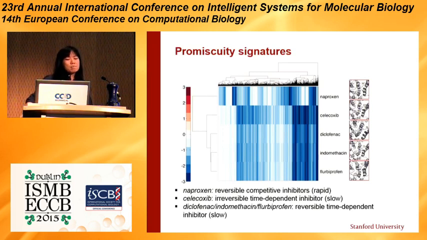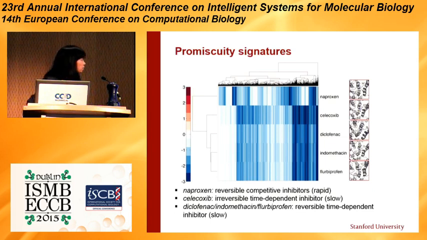But if we compare the binding site against the 2,000 human proteins, they actually generate a different promiscuity signature. And this signature also suggests the drug classification. For example, naproxen is a rapid inhibitor, which is the first row, and then celecoxib is irreversible, and the other 3 are reversible inhibitors.